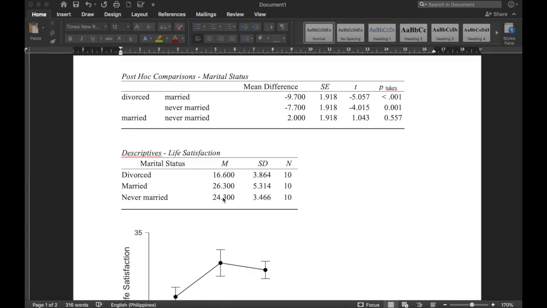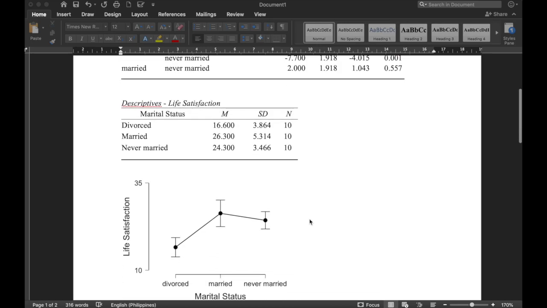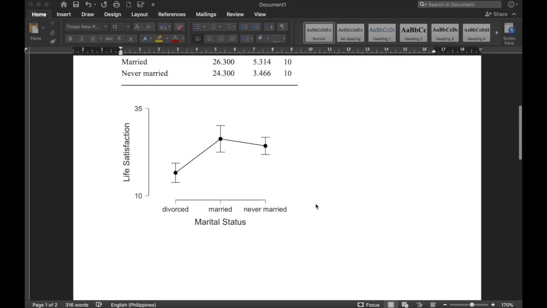Specifically, it seems that those who are married and never married have a higher life satisfaction compared to those who are divorced, and this is the plot.